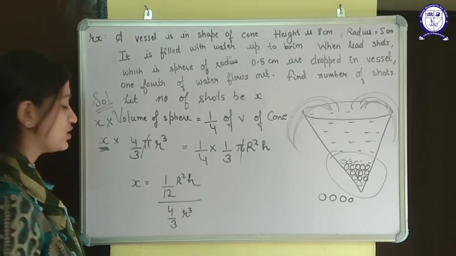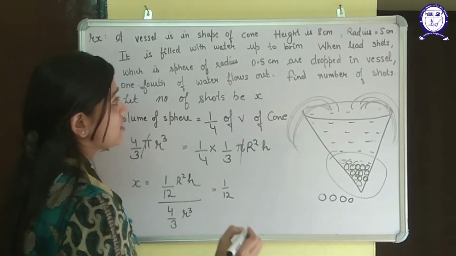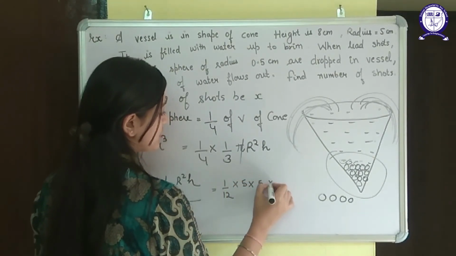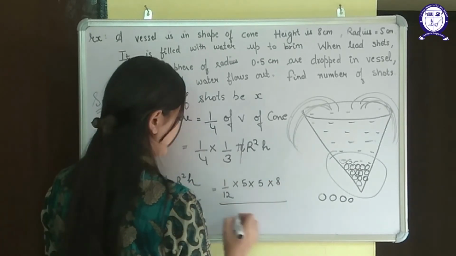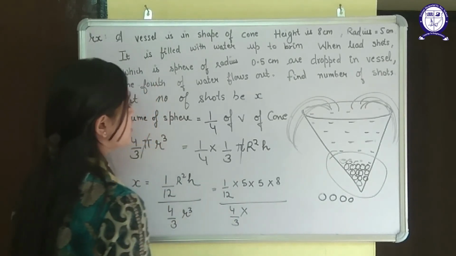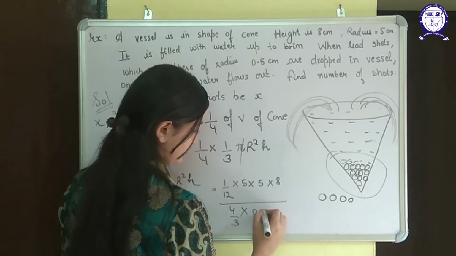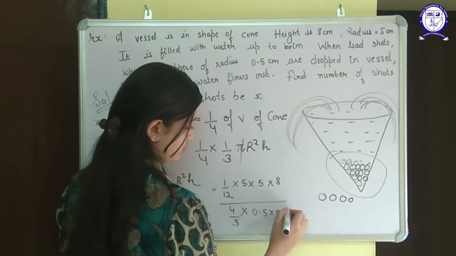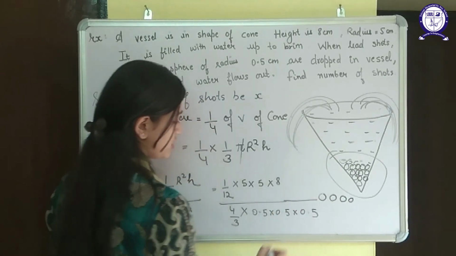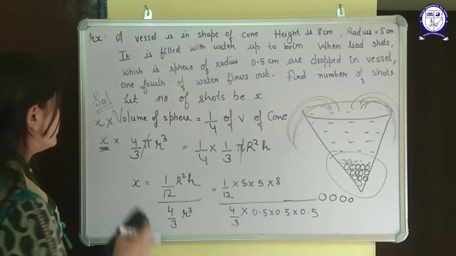So now let's put the values. 1/12, the radius is 5 centimeter, height is 8. Then this is 4/3, radius is 0.5 centimeter. Okay, this is the volume of the sphere. Now let's calculate it.